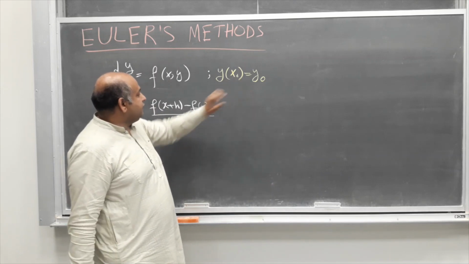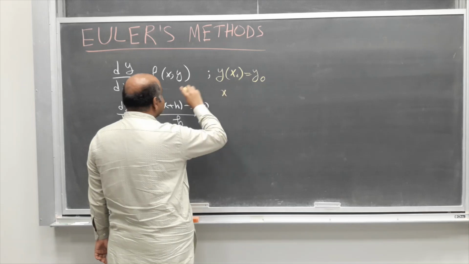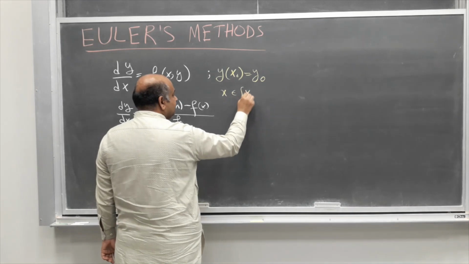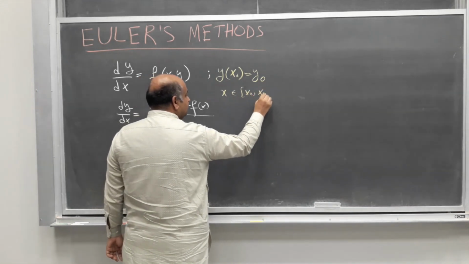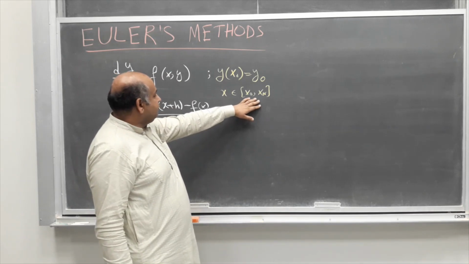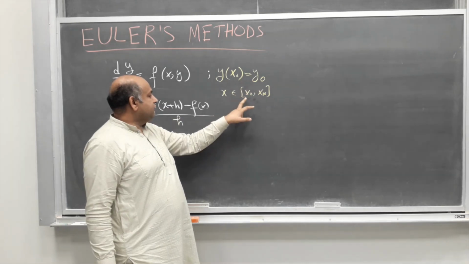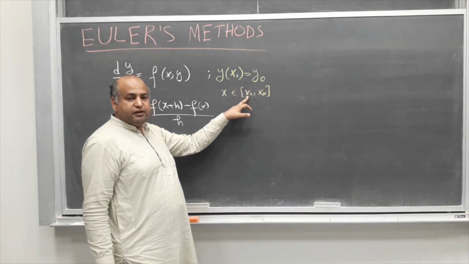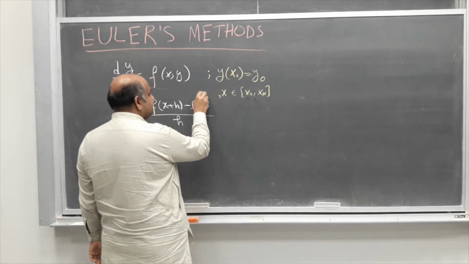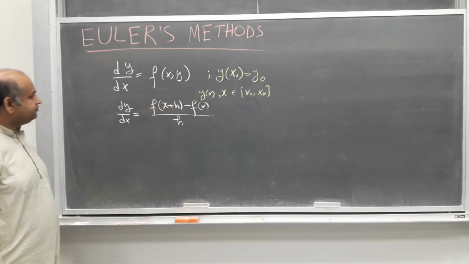Suppose we are given this, and what we have to do is find the solution of this equation for values of x in an interval from x naught to capital X N. So this is the interval in which we want to find the solution, and we are given the value of this function at the starting point of this interval. So our job is to find y of x, where x belongs to this interval.